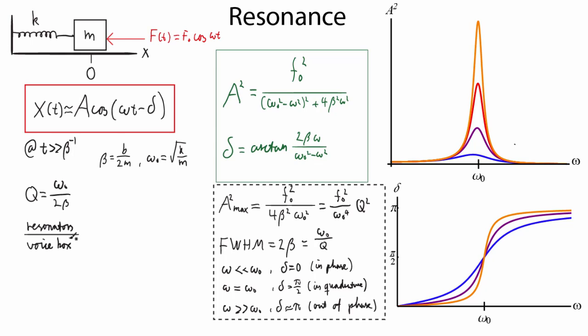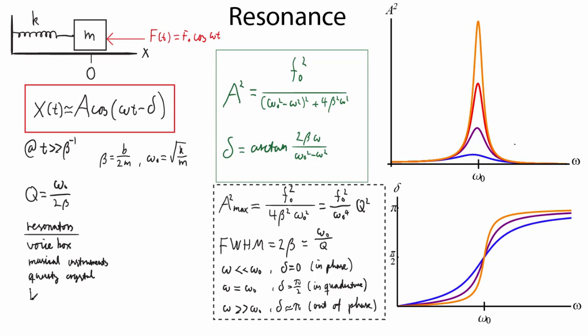And in fact, the voice box is connected to all sorts of cavities within your head. They are all resonators, and the characteristics of those resonators give your voice the sound that it has. The same thing really for musical instruments. And we already mentioned quartz crystals, that is, the quartz crystals that are used in watches and computers.